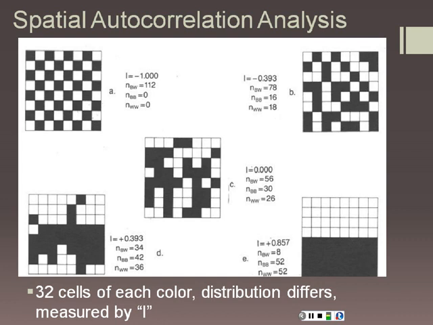This is your classic negative spatial autocorrelation. We have basically unlike things being found next to each other. And if we're measuring this by Moran's I, Moran's I is an index that's centered around 0, and you got -1 being extreme negative autocorrelation.